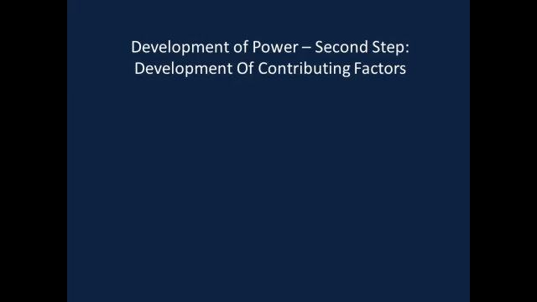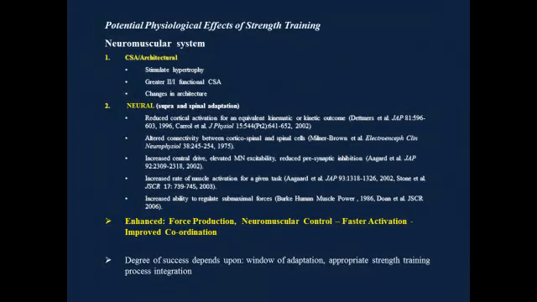Now, the second step then is going to be trying to develop the contributing characteristics or contributing factors to power. And here we basically see them. One of them is, in fact, muscle architecture, tissue architecture, and changes in cross-sectional area. And then we have changes in the nervous system.